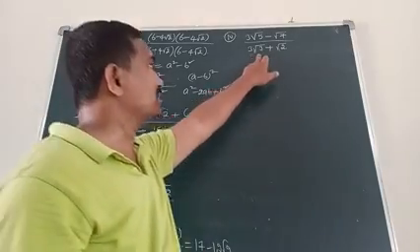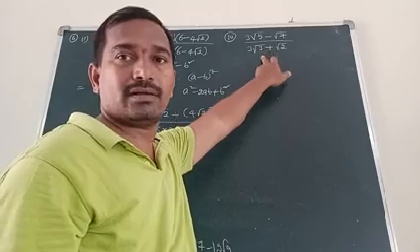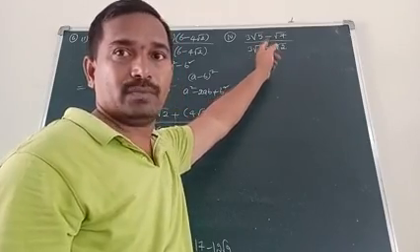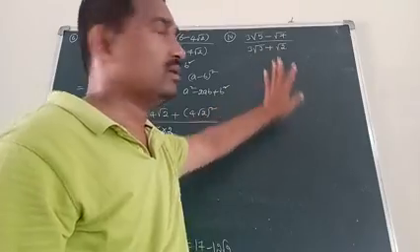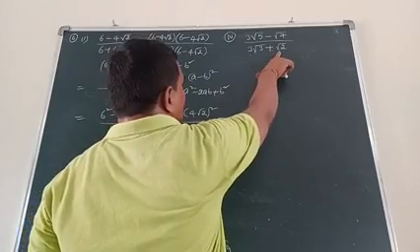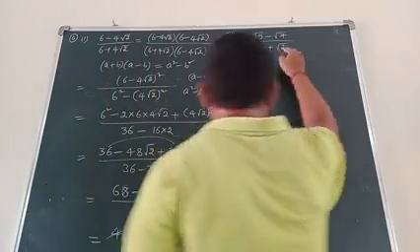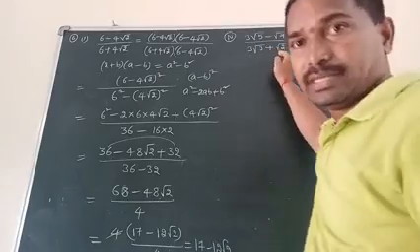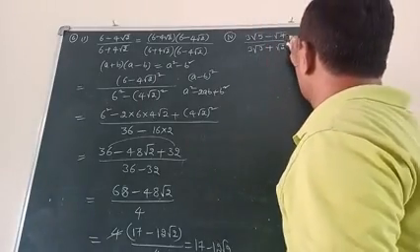Similarly, rationalize this and simplify in p by q form. Rationalize the denominator. So what is the rationalizing factor? 3 root 3 plus root 2. So multiply and divide with 3 root 3 minus root 2.